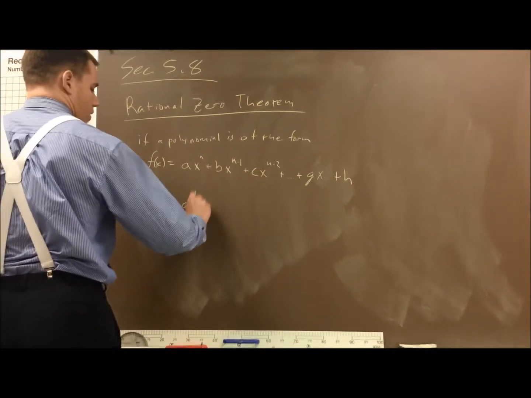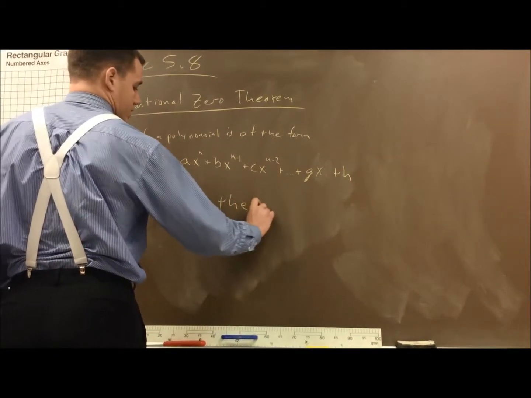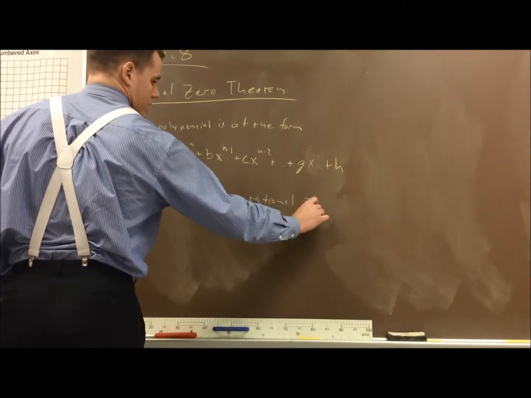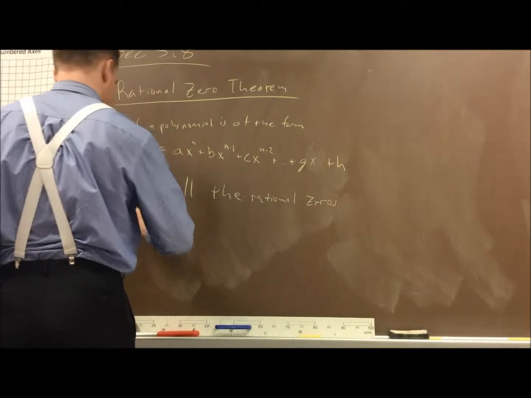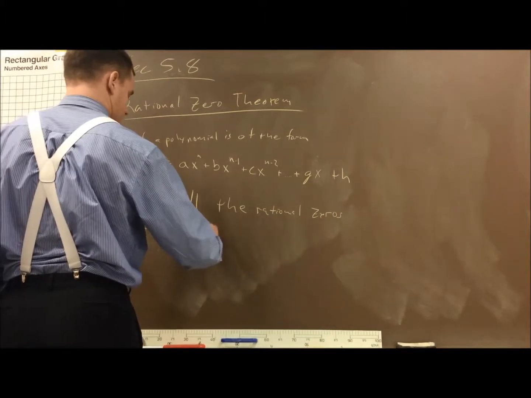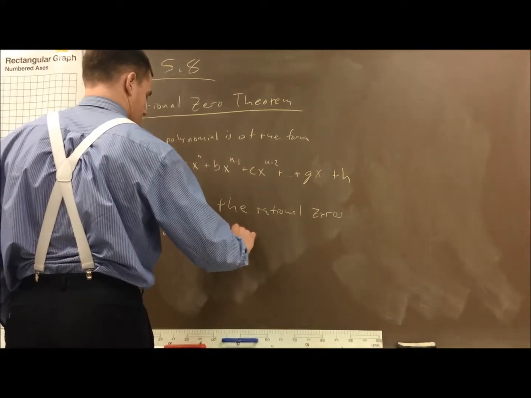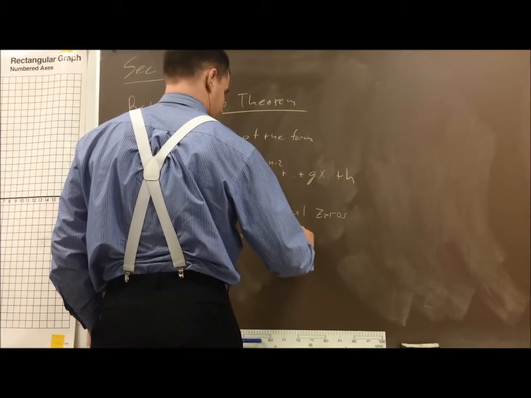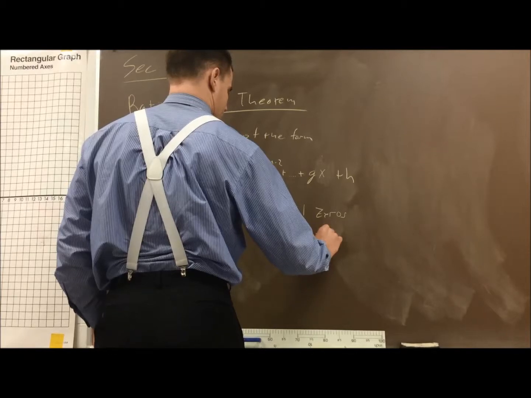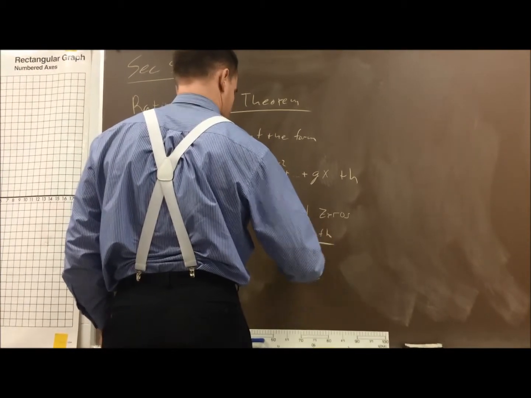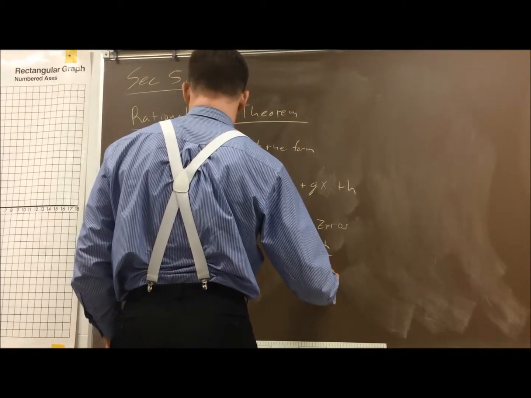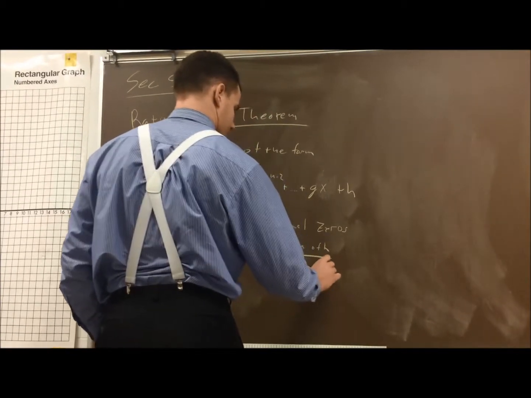Then all the rational zeros are of the form factors of h, all divided by factors of a.